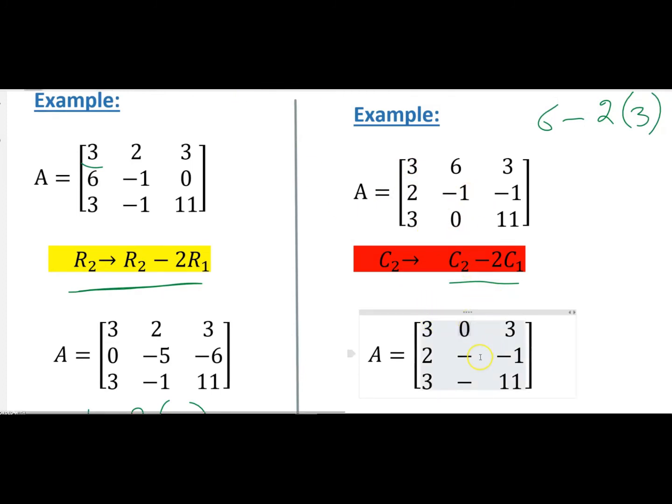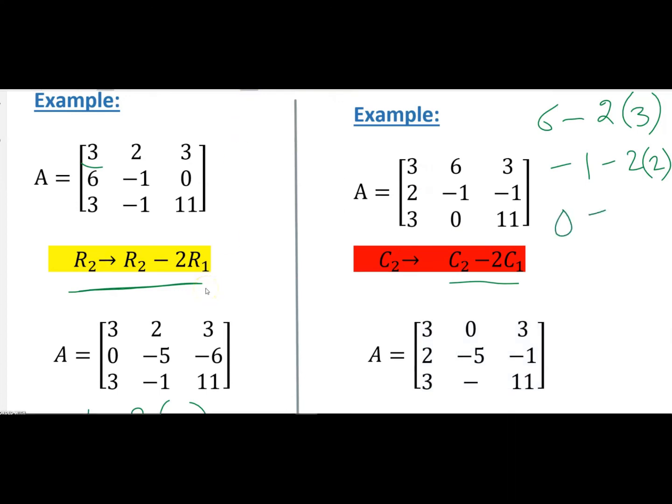In the same way we can find the other entries by applying the operation, that is -1 minus 2 into 2, the second entry. So it will be -1 minus 4, that is -5. All right. Similarly, the third entry we can find, 0 minus 2 into 3, that is -6.